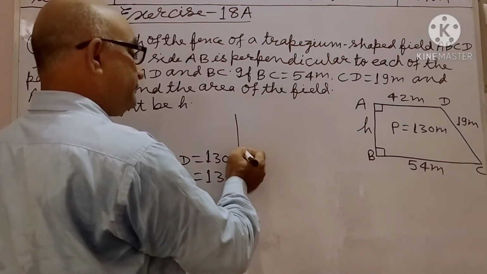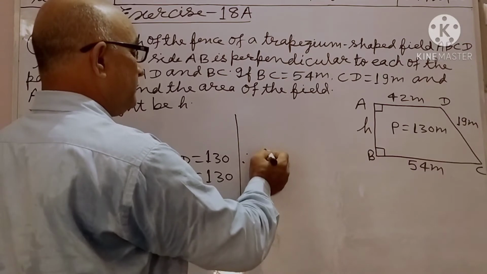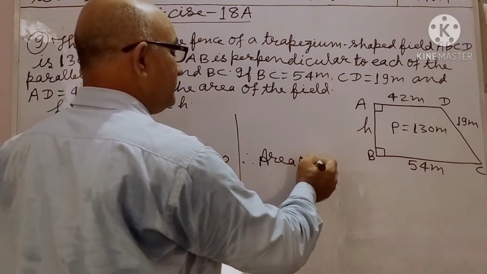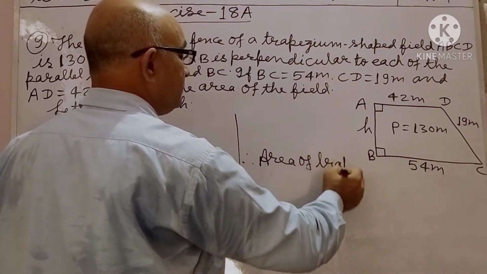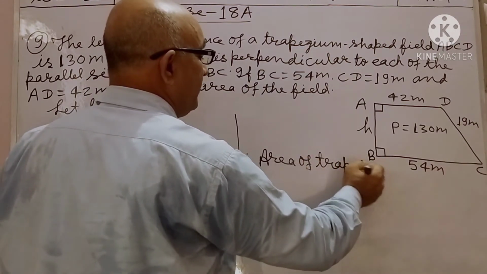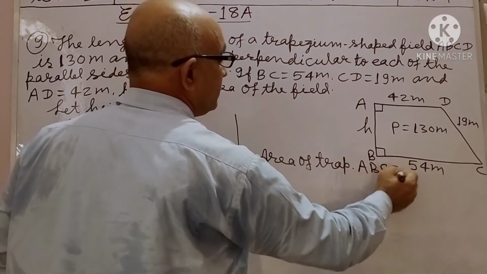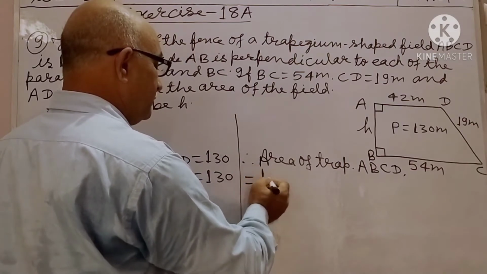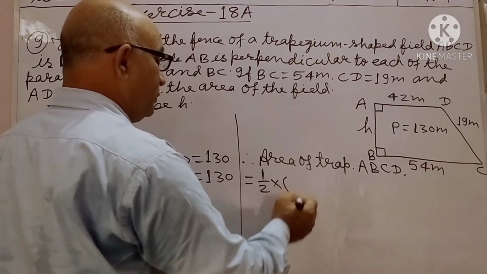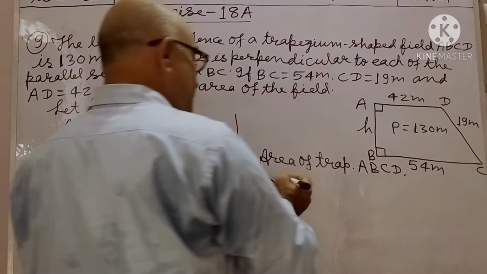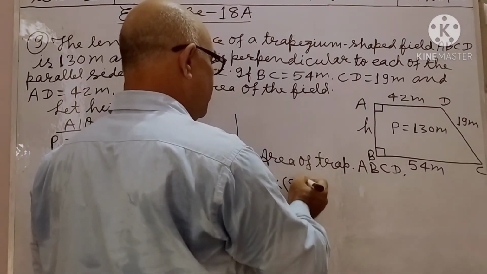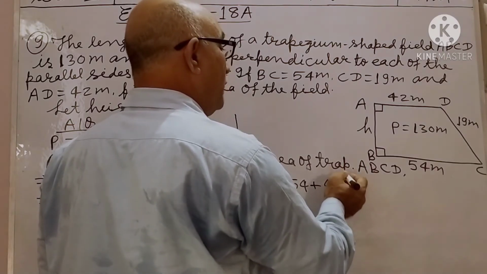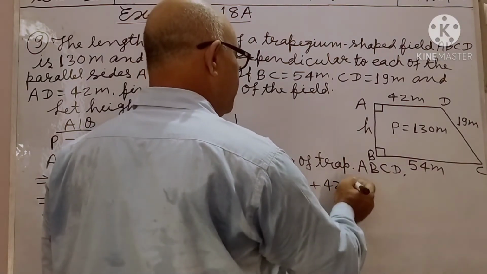Now find area of trapezium. Therefore, area of trapezium ABCD, 1 by 2 into sum of parallel sides, so 54 plus 42 into height. Height is 15.